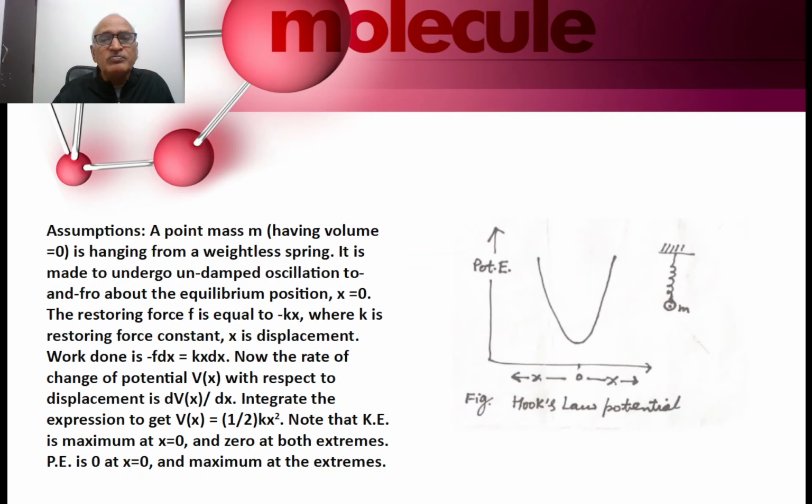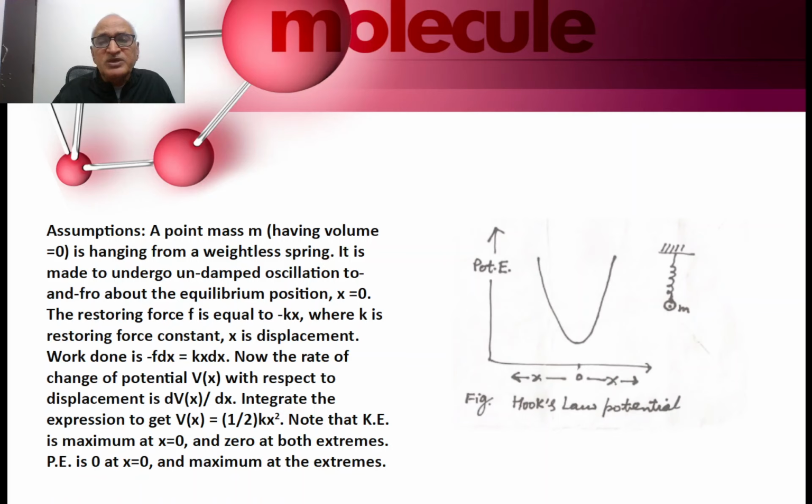In this diagram, I have shown the Hooke's law potential. I will explain this diagram. x indicates the displacement from the equilibrium position. At the equilibrium position, displacement x equals 0. At this position, the kinetic energy of the system is maximum.